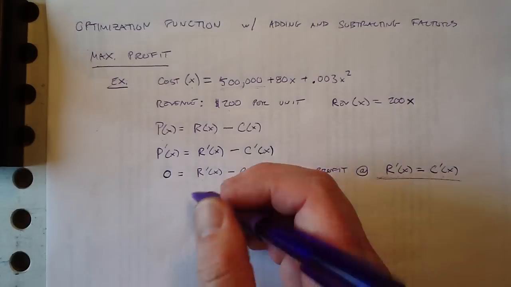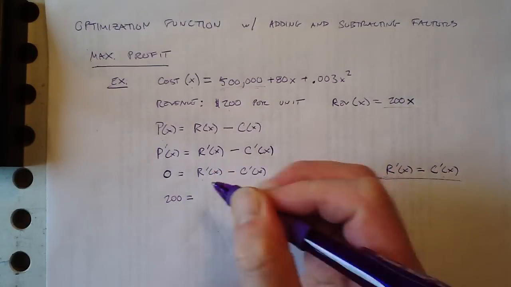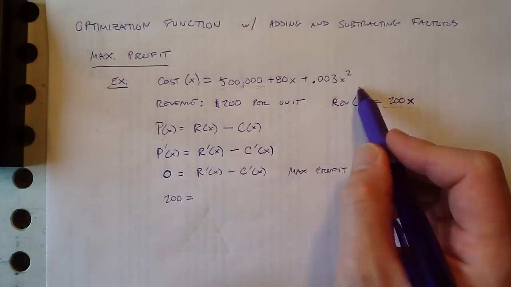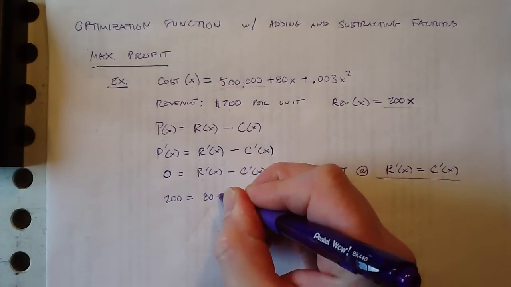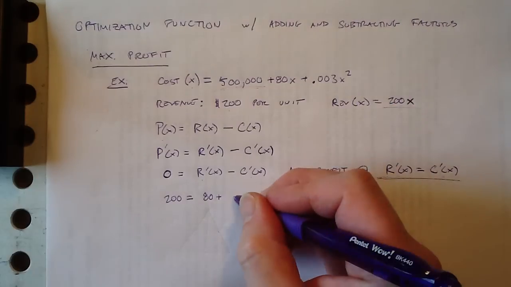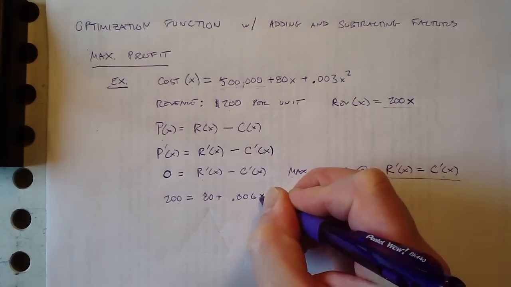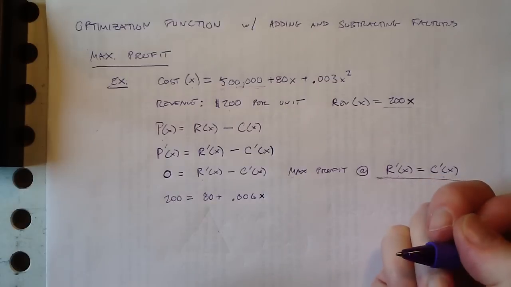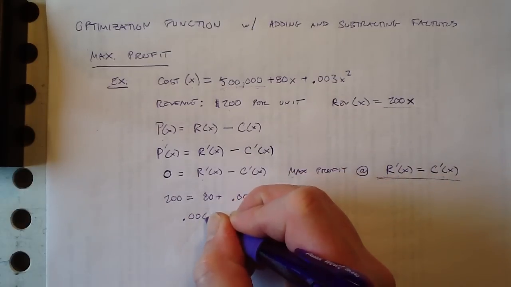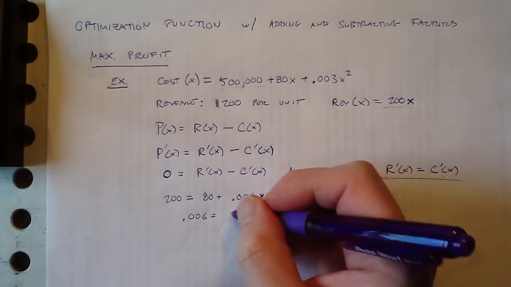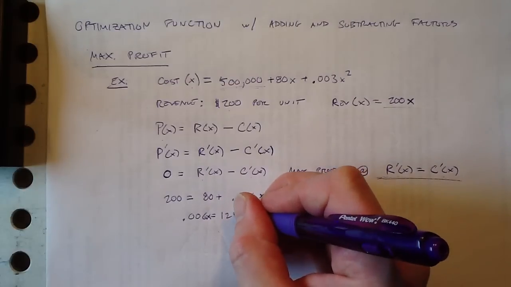Marginal revenue would be the derivative of our revenue function, so that's 200, is equal to marginal cost, the derivative of that is 0, plus the derivative of that is 80, plus the derivative of this would be 0.006x. Right? So solving that, we get 0.006x is equal to 120.